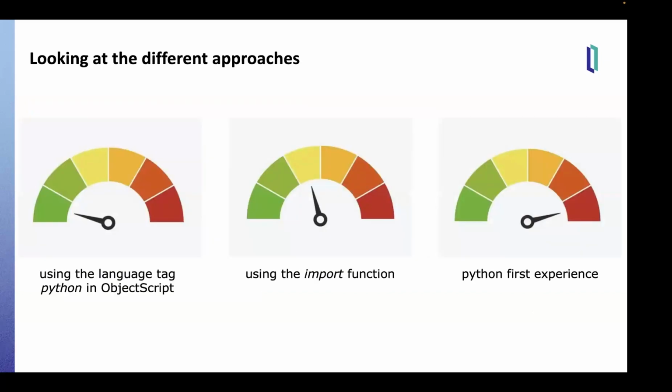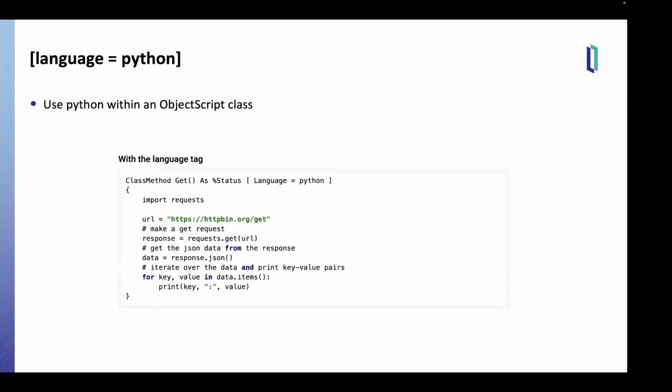Looking at those different approaches, they have various experiences in terms of how Pythonic your experience is and what the target audience is. So taking a look at those in the following slides. Starting off with the way of using Python methods inside an ObjectScript class.